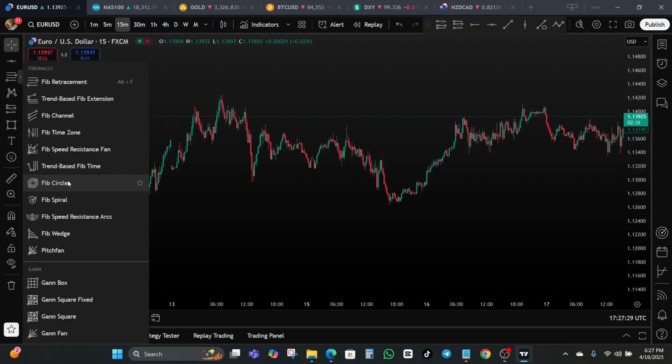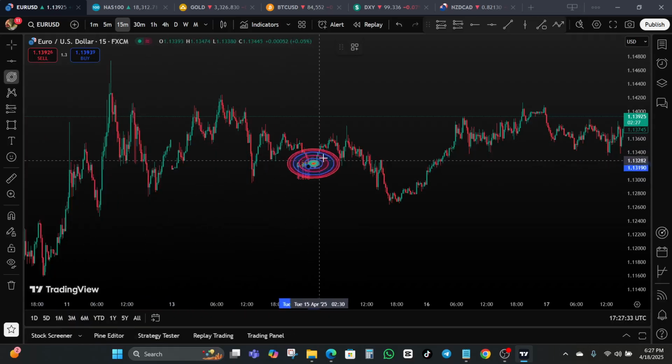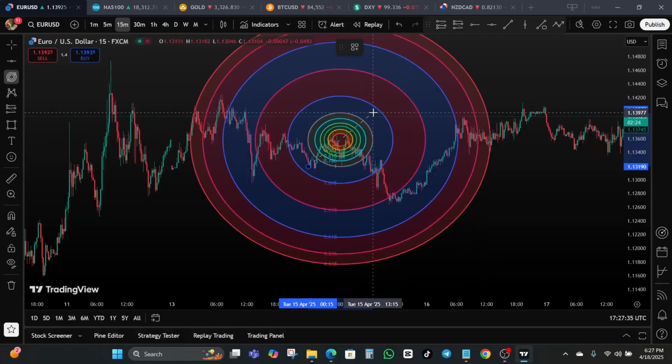So, what exactly are Fibonacci cycles? Well, they are a combination of Fibonacci ratios and circular geometry. So, instead of drawing straight horizontal lines, like with retracements, Fibonacci cycles are plotted from a significant high or low to the next major swing.